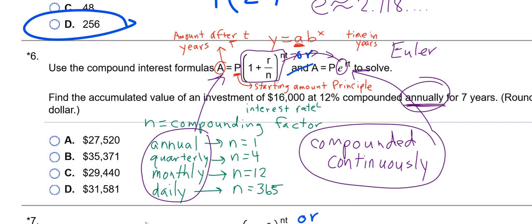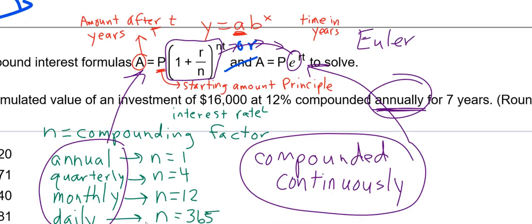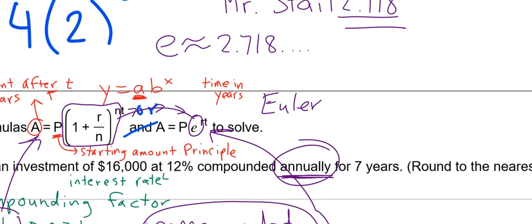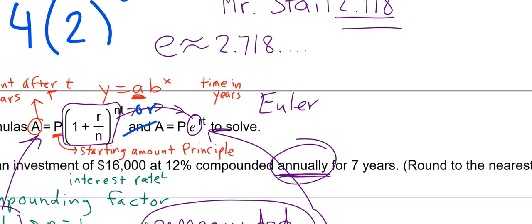So I know we're going to be using the one on the left. How much are we starting with? So that's our p-value, 16,000. And then we have 1 plus something. Since the compounding factor is a 1, I can replace both of those n's with a 1.